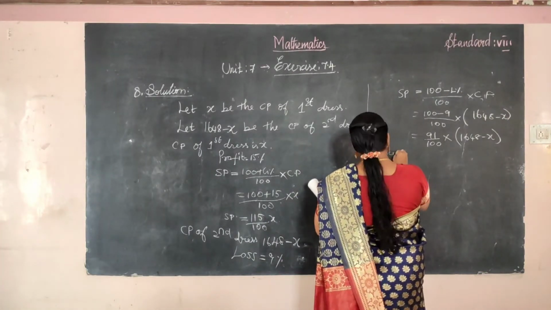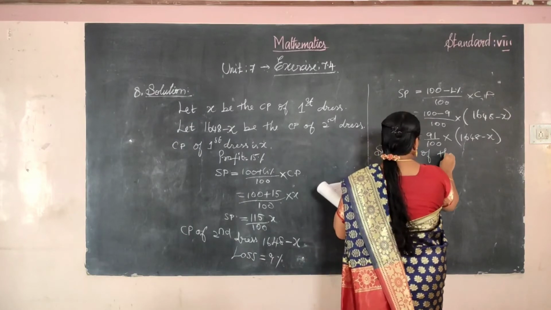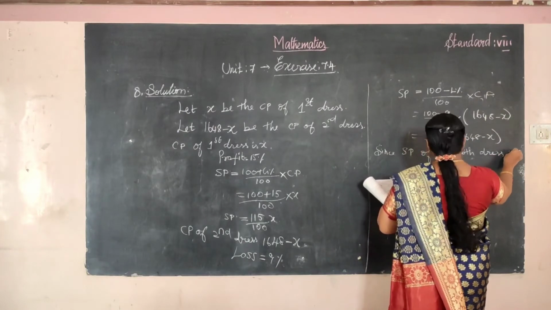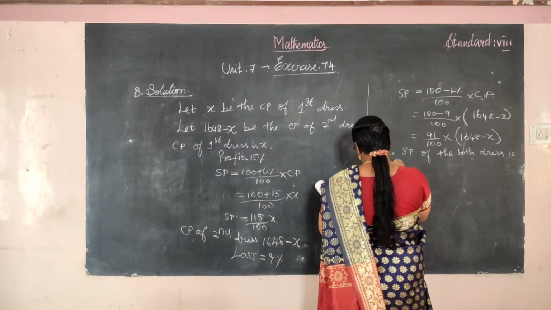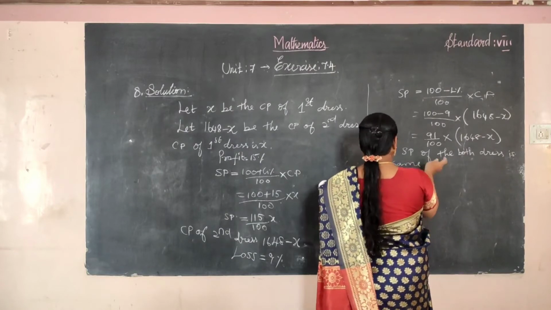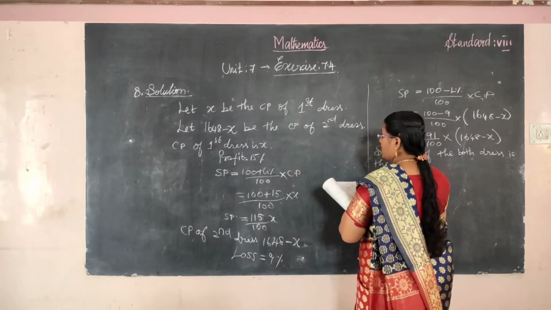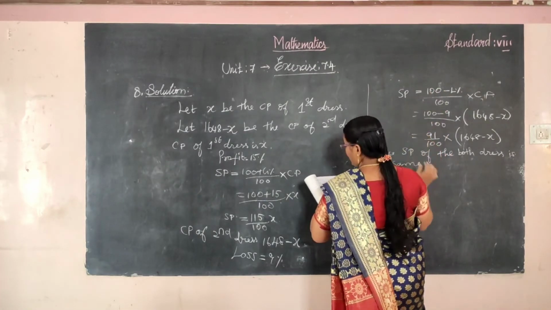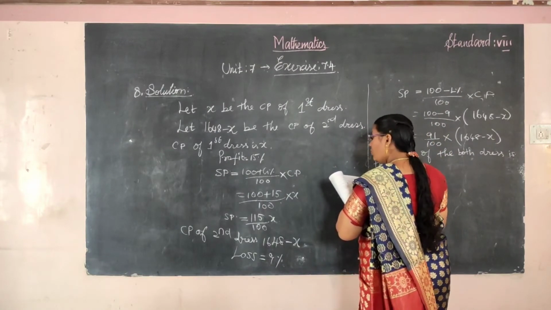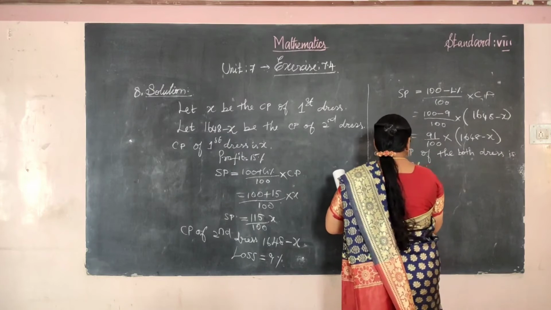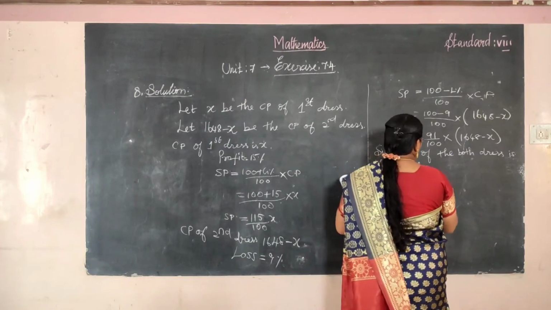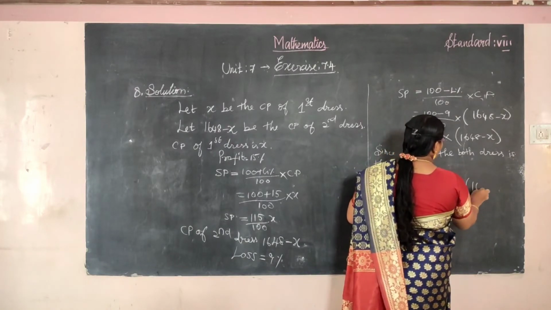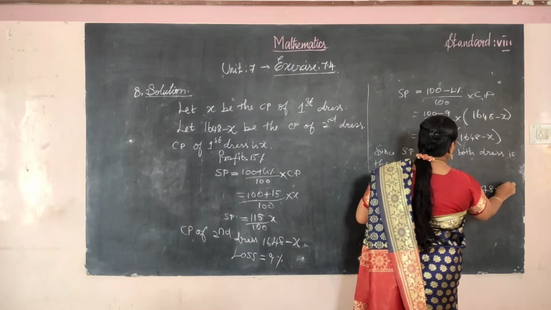Since the selling price of both dresses is the same, then equating these two selling prices, the selling price of the first dress and the selling price of the second dress, what is that? 115x by 100 is equal to 91 by 100 into 1648 minus x.